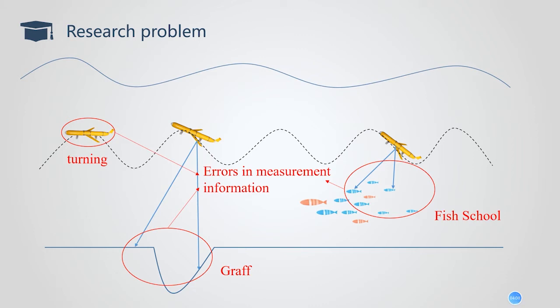When the underwater vehicle encounters submarine trenches, fish schools, and strong maneuvering turns, and the Doppler measurement information is wrong, the centripetal acceleration will be introduced to restrict the speed of the underwater vehicle, and the improved Sage-Husa adaptive filtering algorithm will be adopted to reduce positioning error and improve positioning accuracy.